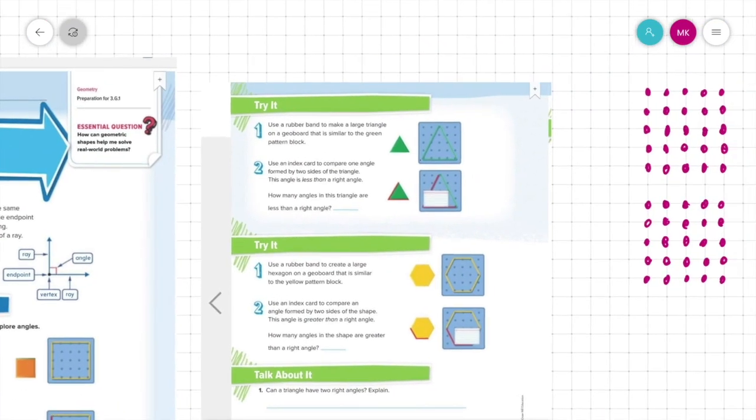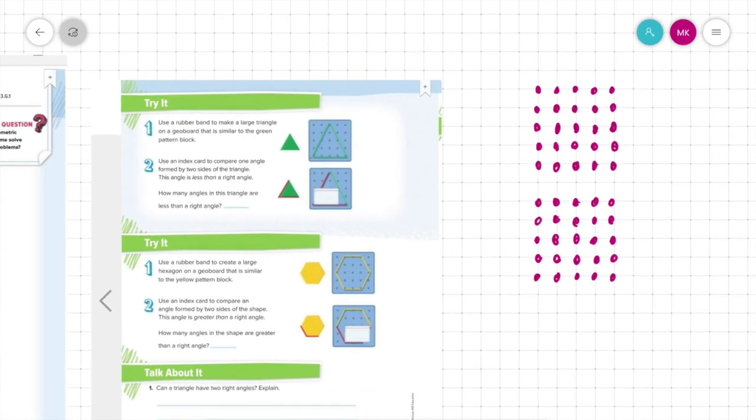Okay, let's move up to try it. Use a rubber band to make a large triangle on the geoboard that is similar to the green pattern block. Well, we see that here. So I'm going to pretend with my pen that I'm making a triangle. There we go. Okay, it says use an index card to compare one angle formed by 2 sides.